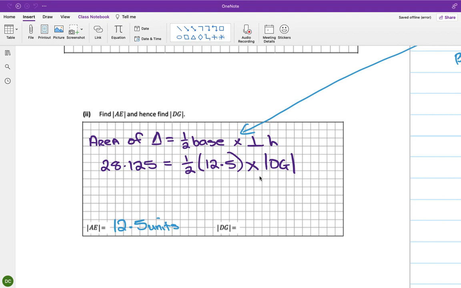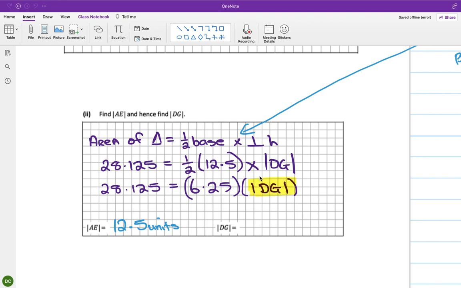So 28.125 equals a half of 12.5, that's 6.25, multiplied by DG. And then what do I do? I want this.